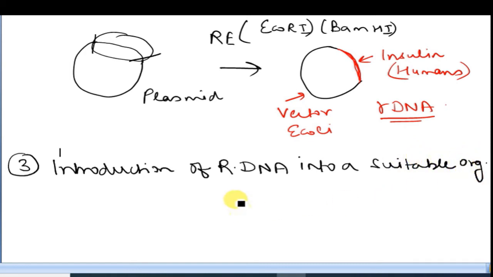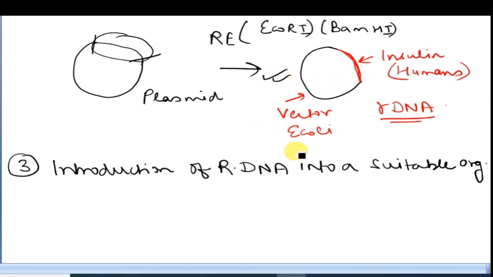Okay, so let us understand this. The vector that you have created, the hybrid that you have created over here, would not or cannot multiply by its own. The thing that we need is multiple copies, a high number of copies of this particular insulin gene that we are working upon.